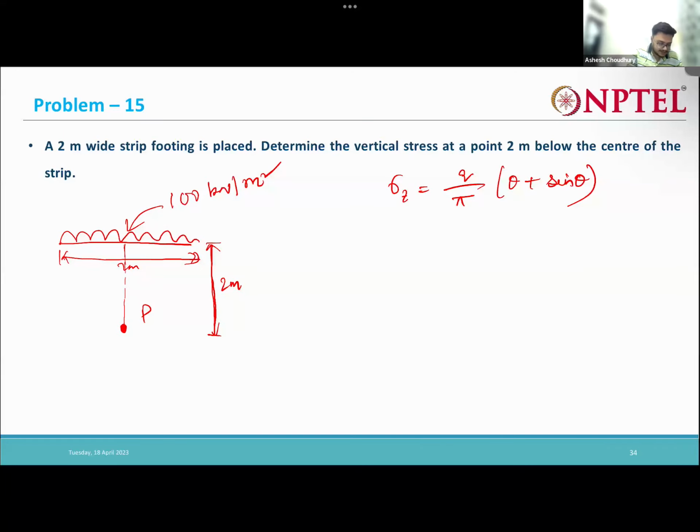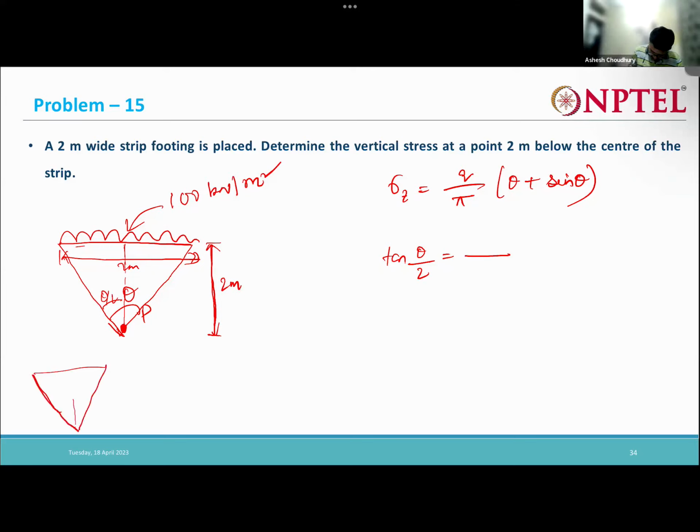And what is theta? Theta is this complete angle. Okay, this is theta. Now let us find this theta by 2, this angle, half. So what will be tan theta by 2? Perpendicular by base. So like this you have, right?